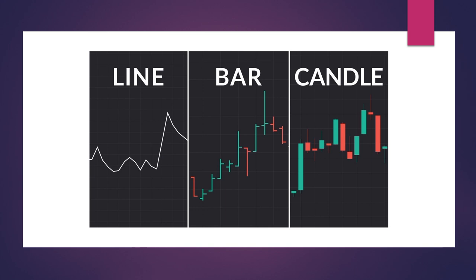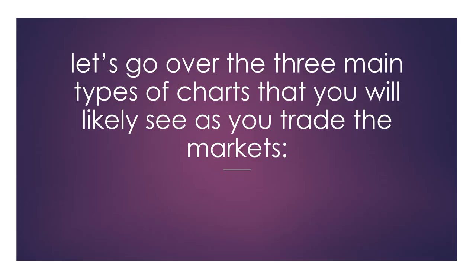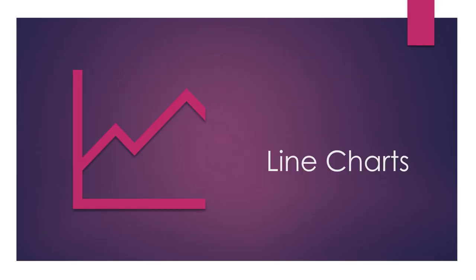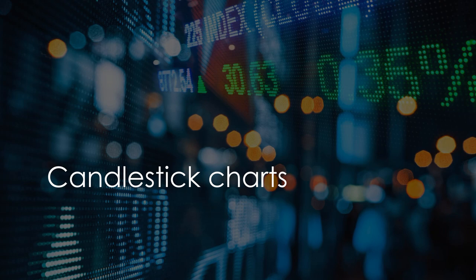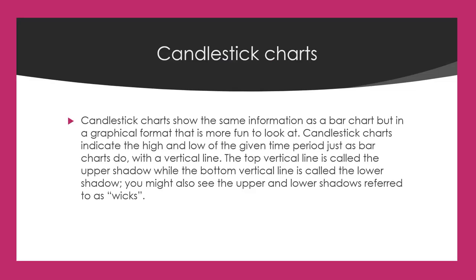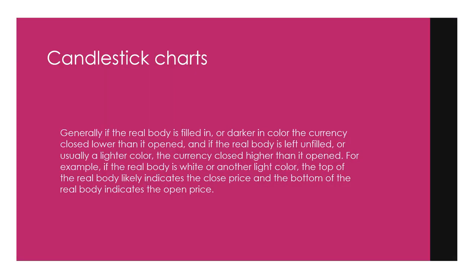So we've looked at the three different types of charts, and we talked about the line chart, we talked about the bar chart, and of course we talked about candlestick charts. Now remember, candlestick charts show the same information as a bar chart, but in a different graphical format that is kind of fun to look at. Candlestick charts indicate the high and the low of a given time period, just as a bar chart does.